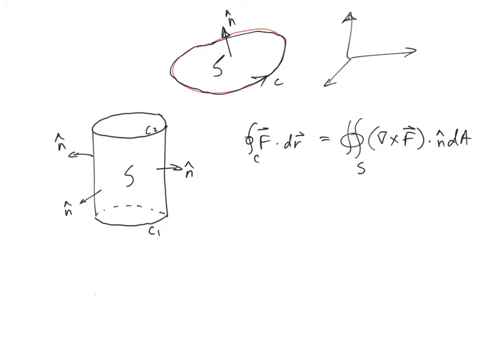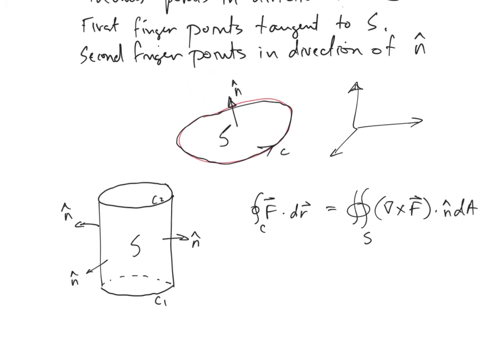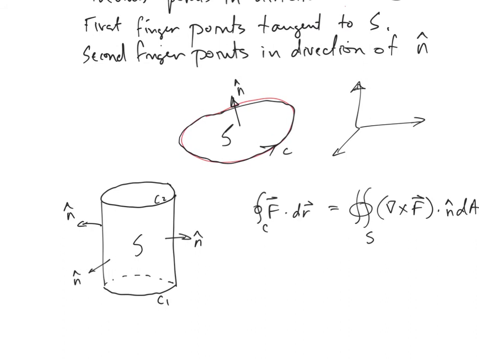Which direction do I have to orient C1 so that it is compatibly oriented with respect to the n hat I chose for S? Do I draw an arrow going this way, or do I draw an arrow going to the left at the front part of C1? Right or left at the front of C1? To the right, I hear.